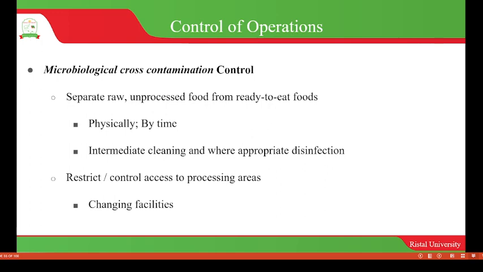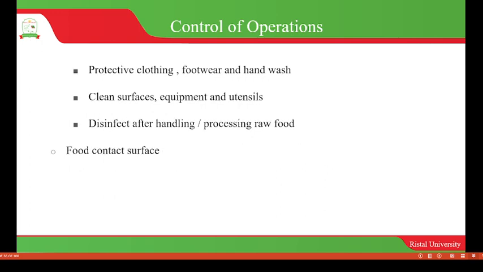Then we can have changing facilities, protective clothing, footwear, and hand wash to avoid cross contamination. Then we have to clean surfaces, equipment, and utensils regularly. We have to always disinfect after handling or processing raw foods. Food contact surfaces should also always be clean, free of pathogens or contaminants.